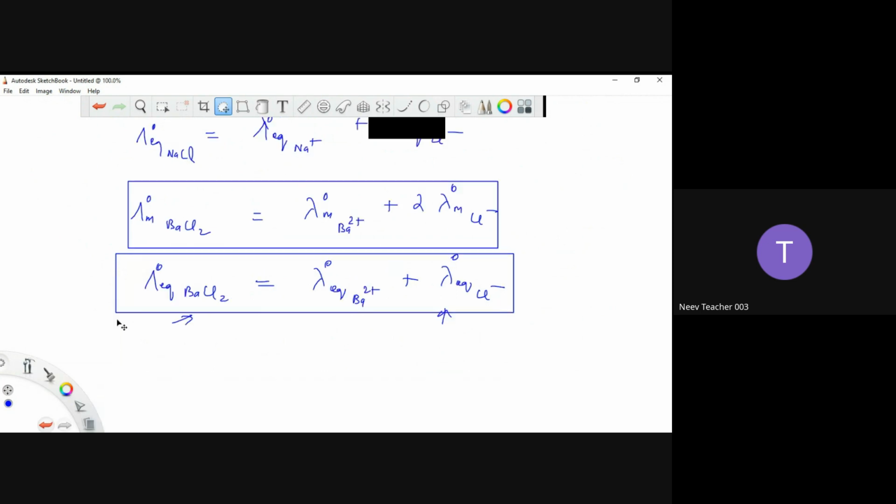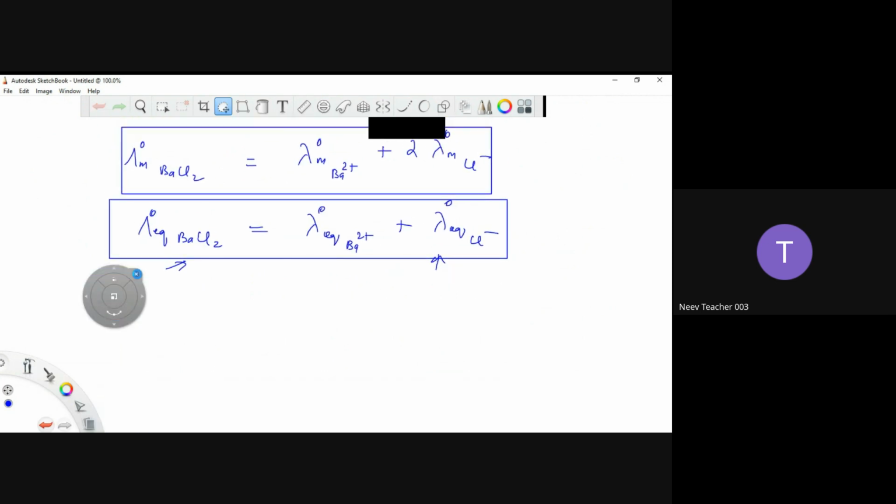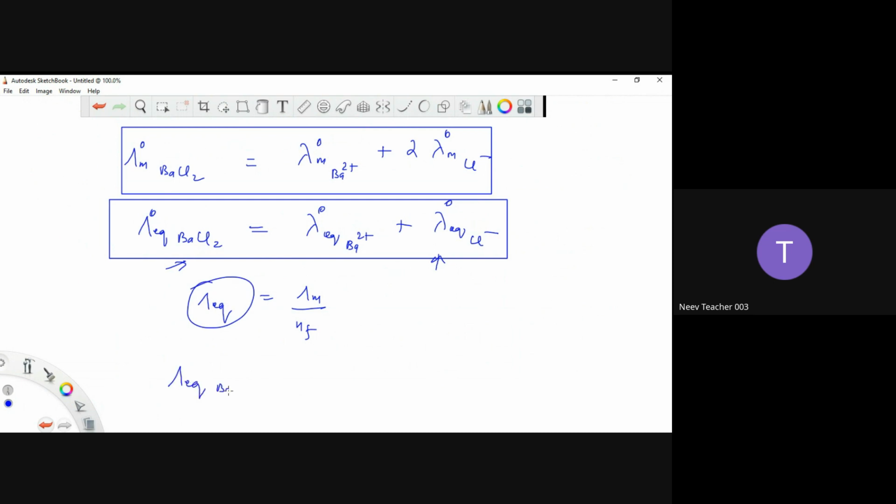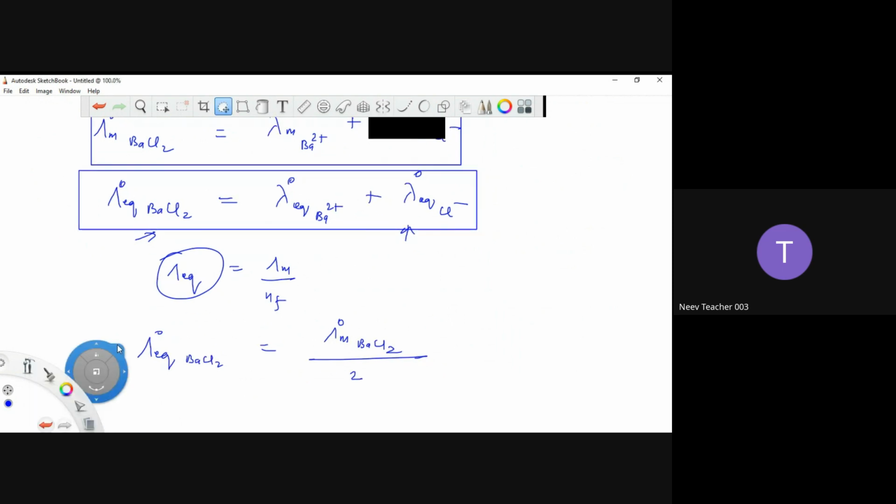Why, sir? See this. What is the relation between lambda equivalent and lambda m? Lambda equivalent of BaCl2 will be lambda m naught of BaCl2 divided by the n factor, which is 2. What is lambda m naught of BaCl2?